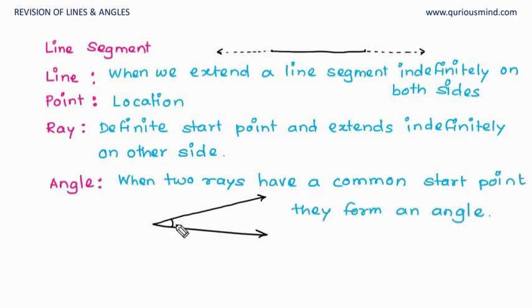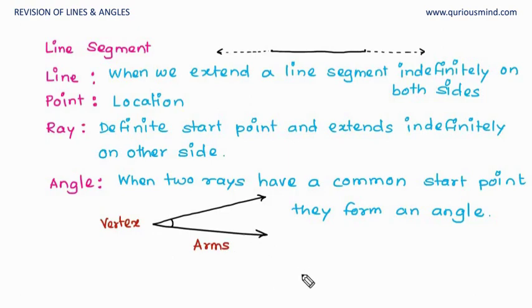Now, in this case, the common point here is called vertex, whereas these 2 rays are called arms. So we know there are terms like vertex and arm, which is a common point, and these rays are called arms of an angle.